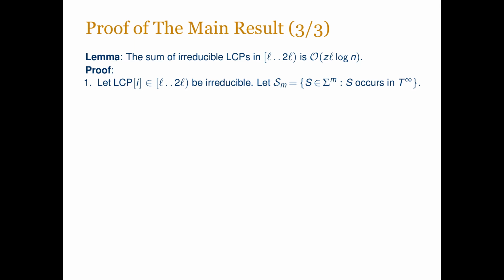In the definition we use T infinity, which is defined as the string consisting of an infinite number of copies of T. For every such LCP, we assign a cost L and distribute it among symbols of strings in the set S_3L. In other words, with each such LCP, we will repeat L times the process of choosing some substring of T of length 3L and choosing some position of that substring.